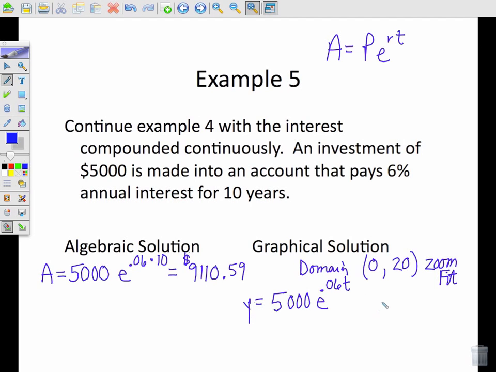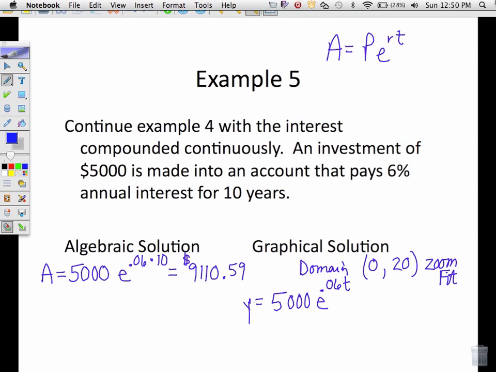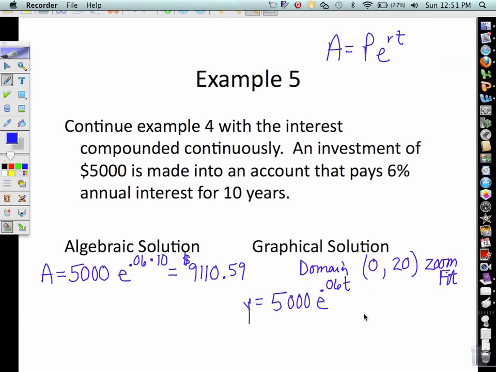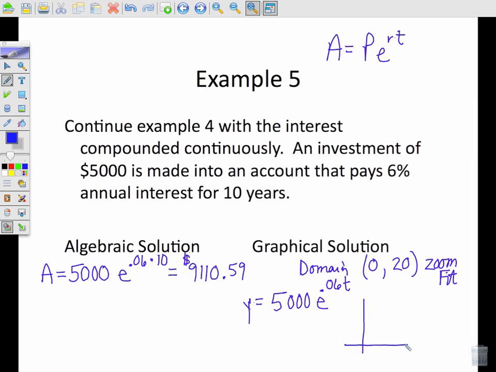You're going to notice that your graph will look like this. It's just an exponential growth function, so you can see your window showing it increasing. And in order to figure out the amount after 10 years, you can evaluate at 10, so trace 10, or you could also use your table. And the result would give us this same amount here.